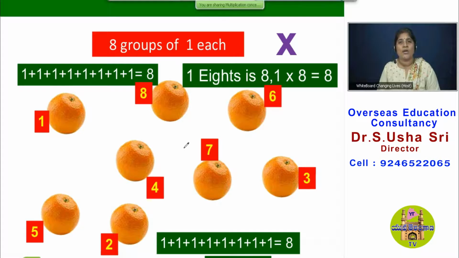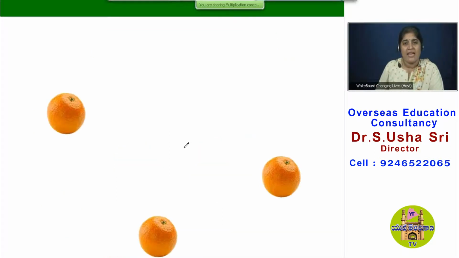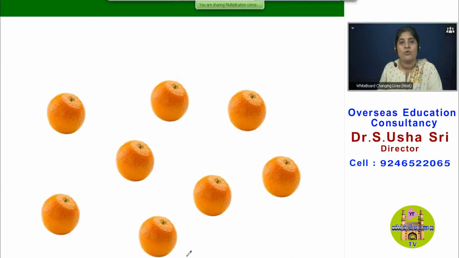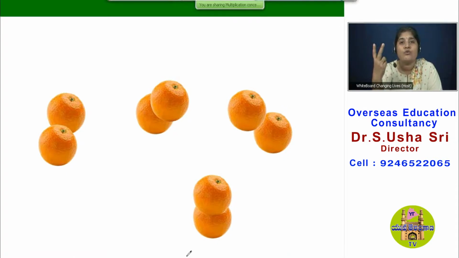So 1 is repeatedly added 8 times, that is 8, and 1 is multiplied 8 times, that is 8. Now let us see one more example. The same 8 oranges, 1, 2, 3, 4, 5, 6, 7, 8 oranges, I would like to group them taking 2 at a time. So how have we grouped them, children? 2 oranges at a time. So there are total 8 oranges.